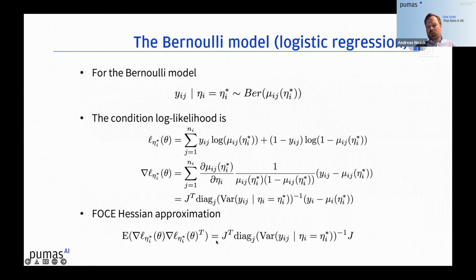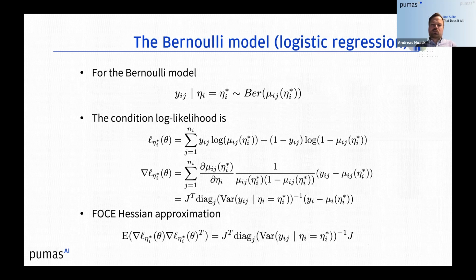We have a Jacobian, the derivative of the mean with respect to the random effects. We have something related to the conditional variance of the observations given the random effects evaluated at eta star, and then again the Jacobian. That's a general structure.